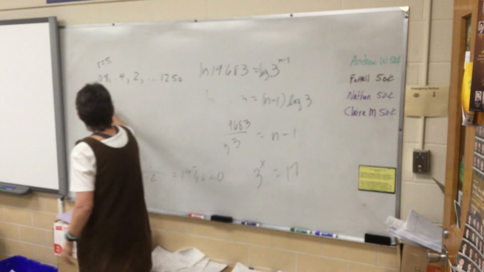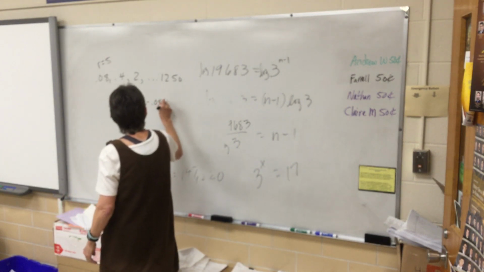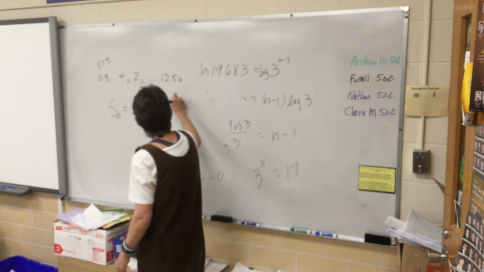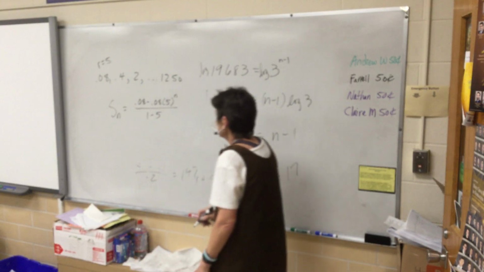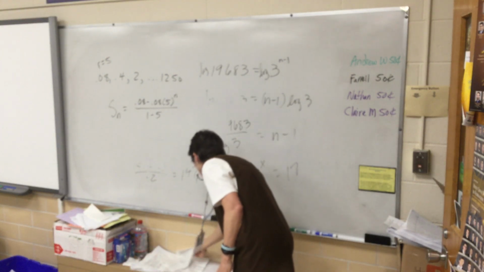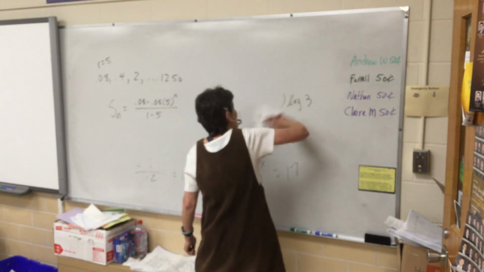So my formula, 0.08 minus 0.08 times 5 to the nth, I don't know that, over 1 minus 5. So I am stuck here. Rory, we're stuck. How do we find n?